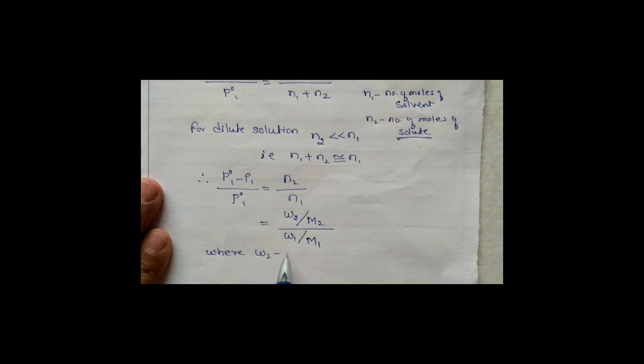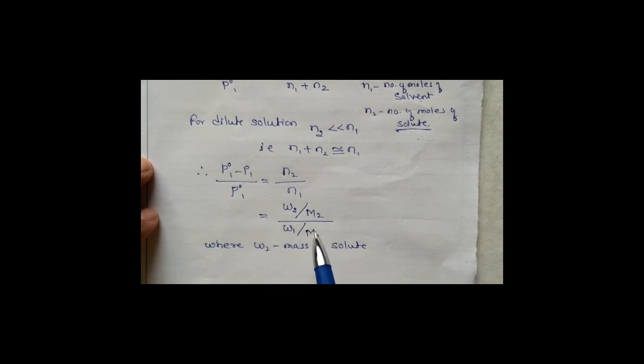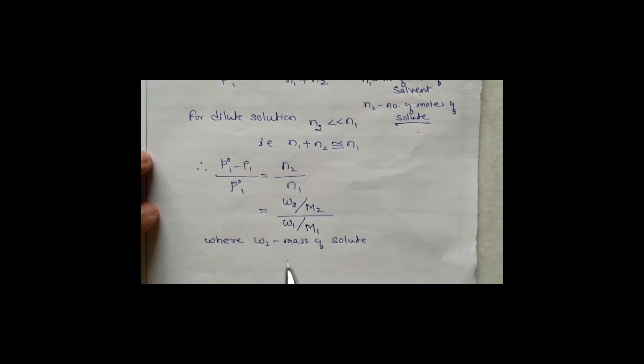W2 is the mass of solute. See, in this theory, in most cases 2 stands for solute and 1 stands for solvent. Or in some textbooks they give A and B. Okay, so 2 for solute, 1 for solvent.